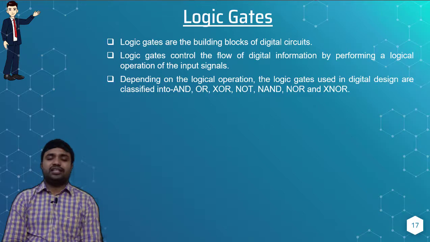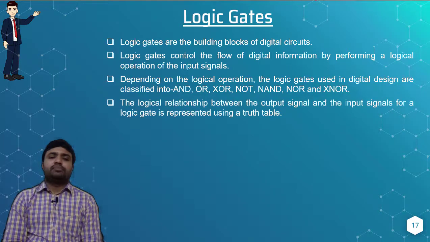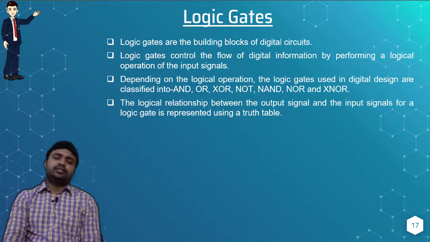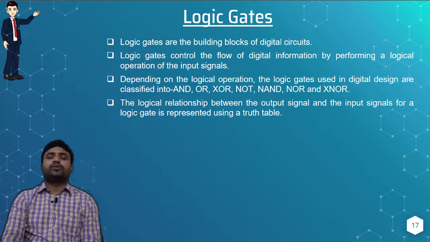So these are the major gates that anyone is going to interact with. Okay, right. So the logical representation between the output signal and the input signal for a logic gate is represented using a truth table. We are going to consider a truth table for all the gates, and at the same time we are going to consider the symbols also, and how they are going to be represented.